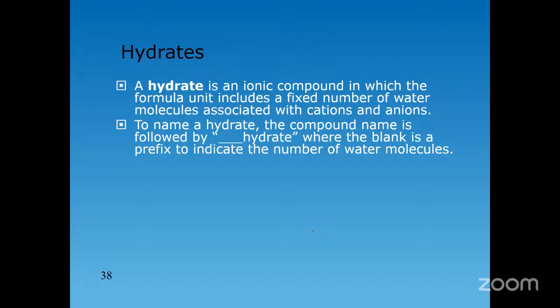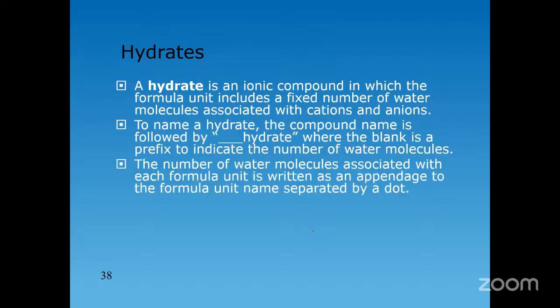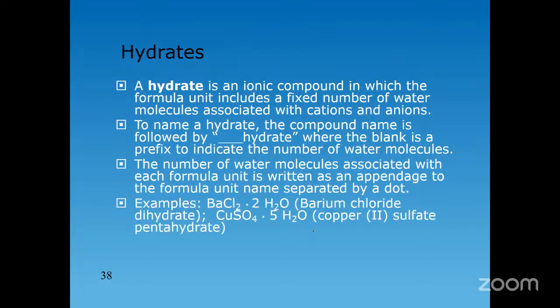And I think I may have an example here. Oh, and by the way, another important thing too. Whenever you're writing down the formulas of these compounds, the ionic part is separated from the water part by a dot, right? So you write down the formula for the ionic part first, then you put a dot, and then you put the water part of the formula. So here are some examples.